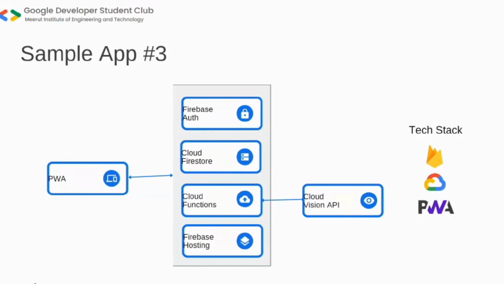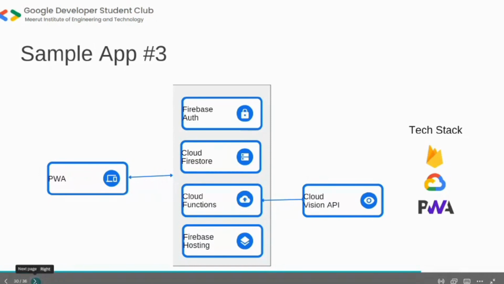For that, we have already discussed the Firebase authentication, Cloud Firestore, Cloud Functions. The unique tech stack used here is Cloud Vision API. Cloud Vision API is used for images. The image will be labeled with a text and you will get data related to that image. Next slide, please.